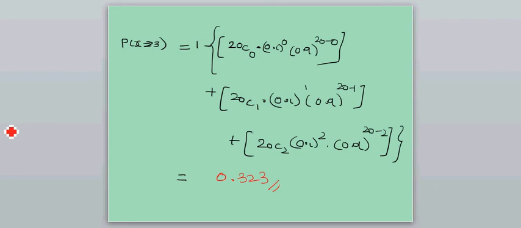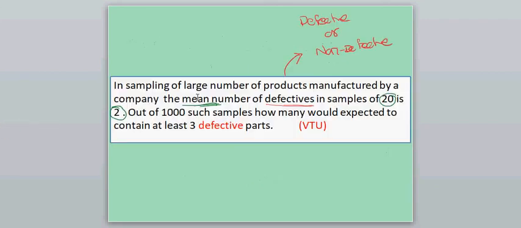Now look at the question. We have 1,000 such samples. With that, the at least 3 defective probability we got is 0.323. Now for these 1,000 samples, if you want to calculate at least 3 defectives, you need to multiply the 1,000 with the probability value 0.323.